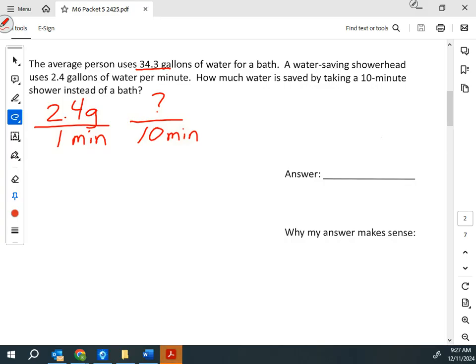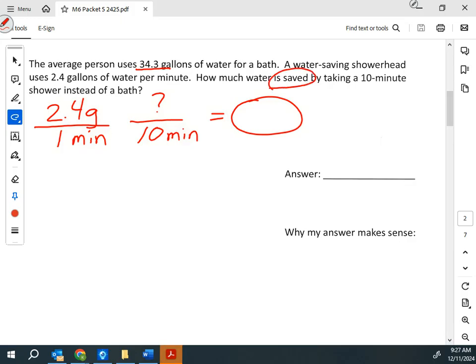We did this already. So to go from 1 minute to 10 minutes, what am I multiplying by? Whatever I multiply the denominator by, I multiply my numerator by. Now some of us turning in our answers are saying that's our answer, how much water we use taking a shower. But that's not our question.